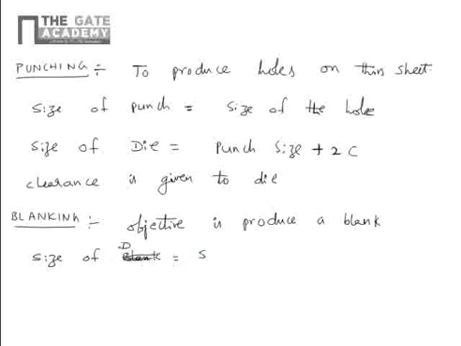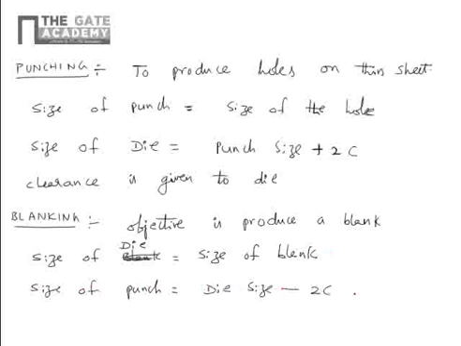Size of the punch equals die size minus 2C.